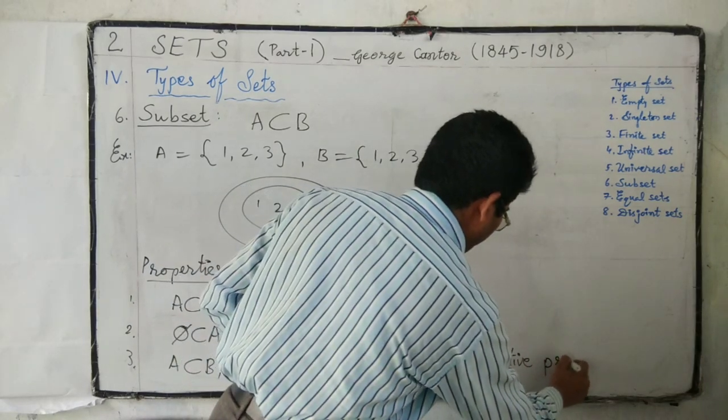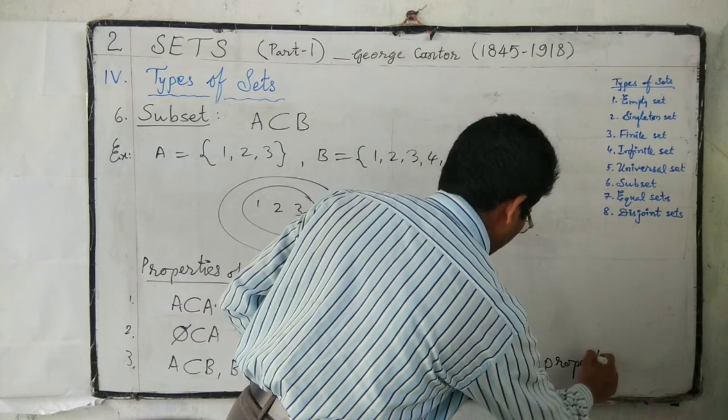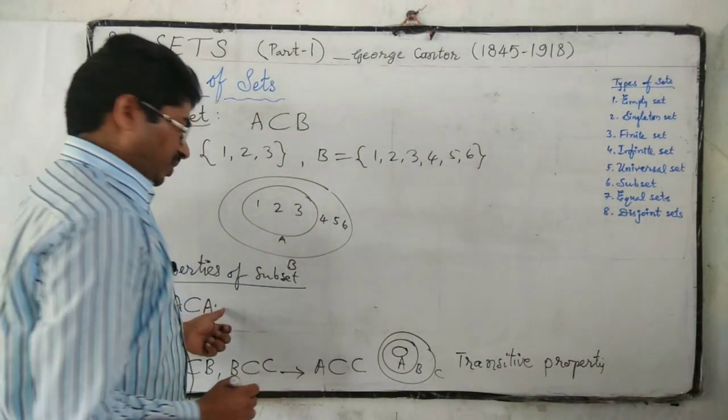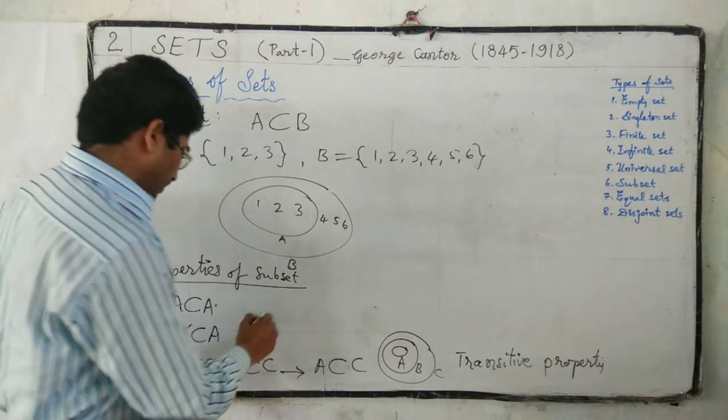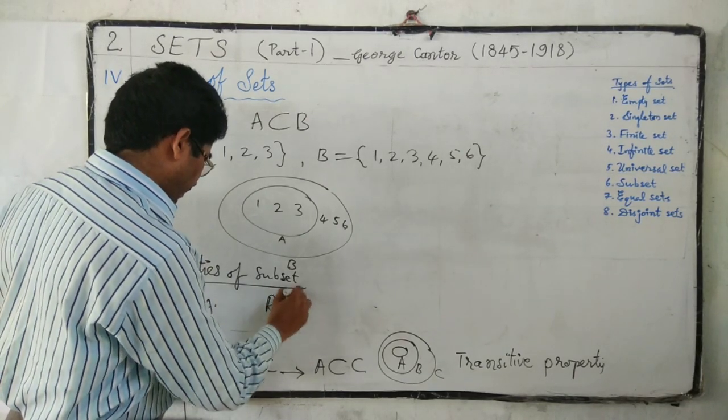This is A subset A. Every set is a subset of itself. This is the reflexive property.